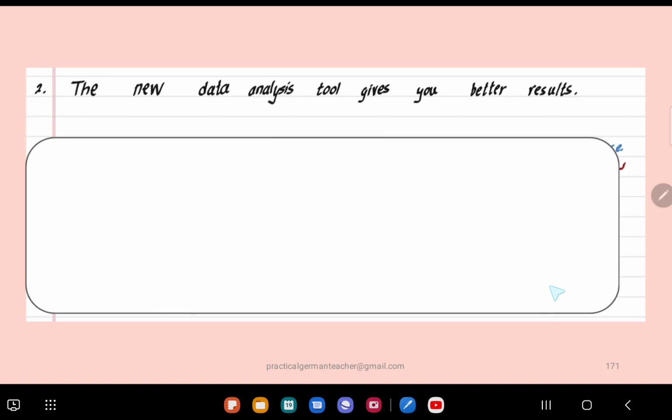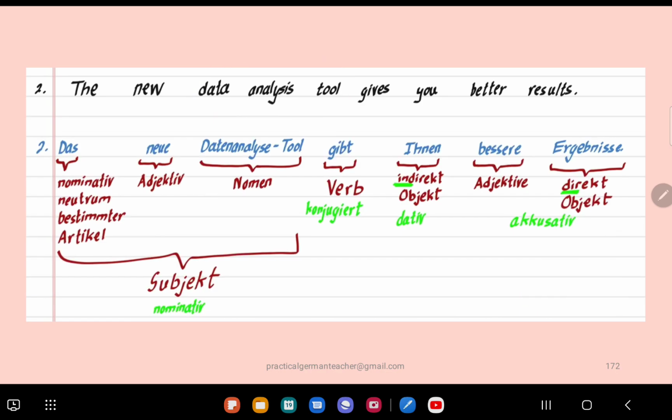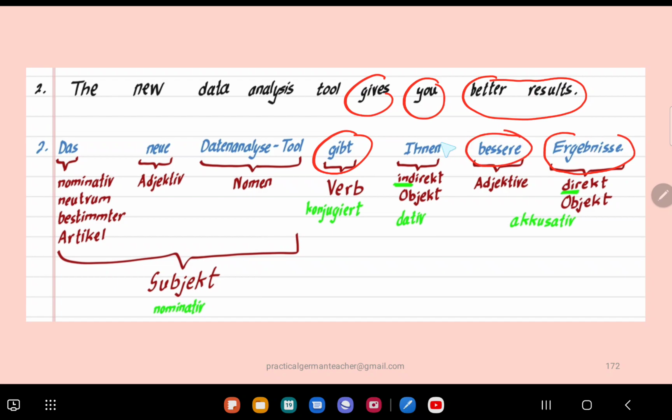The new data analysis tool gives you better results. Again, you can use something else and say the new blah blah gives you better results. Let's see how you can write this. So how do you say gives? You can say gibt, geben. For third person it is gibt. You will be in dative case. Better results is in accusative case. Results is Ergebnisse, bessere Ergebnisse.